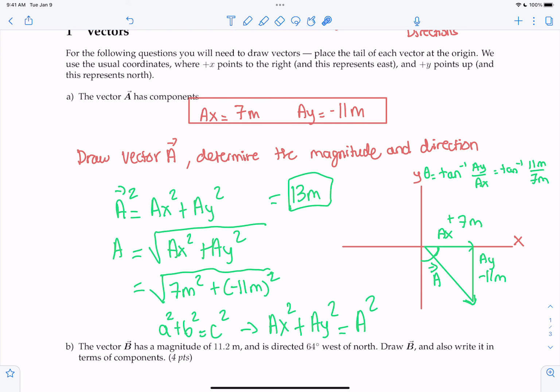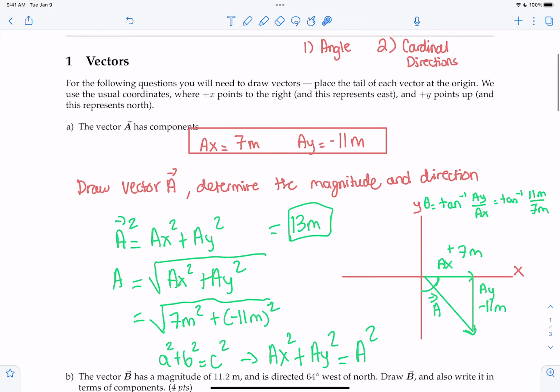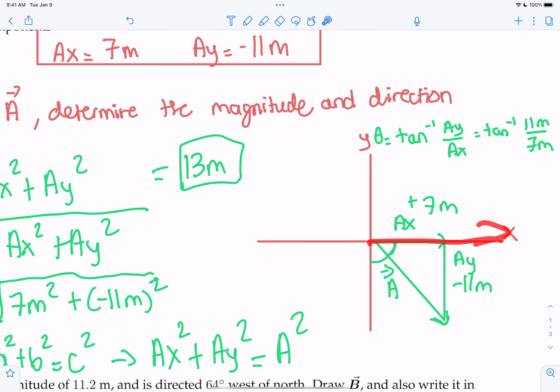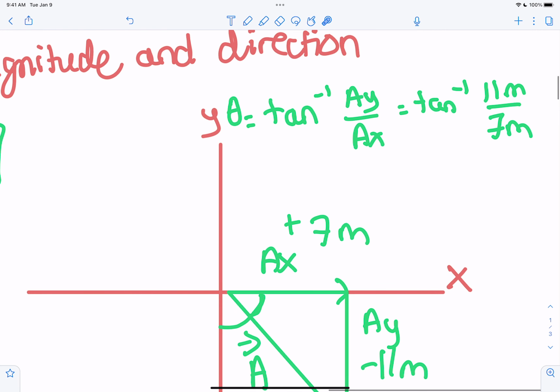The angle just gives us what the angle is right here, but the direction is up to us, visually, based on the graph. Otherwise, if you include negatives and positives, it'll be confusing. So stick with the magnitudes of your x and y components. So we will do inverse tangent of 11 over 7.